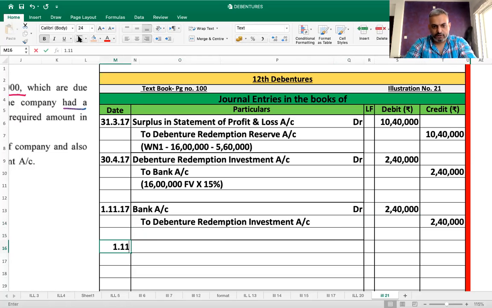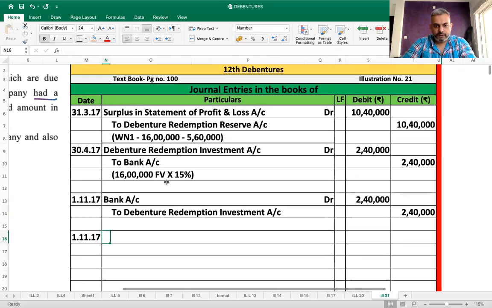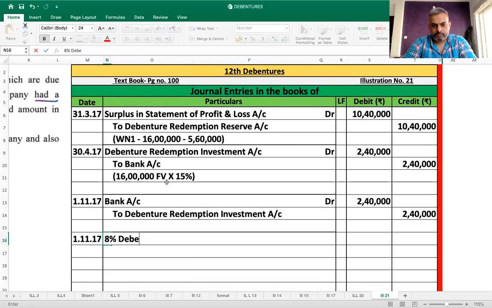Now we write the entry for redemption. 8% debenture, face value 16 lakh. So 16 lakh.